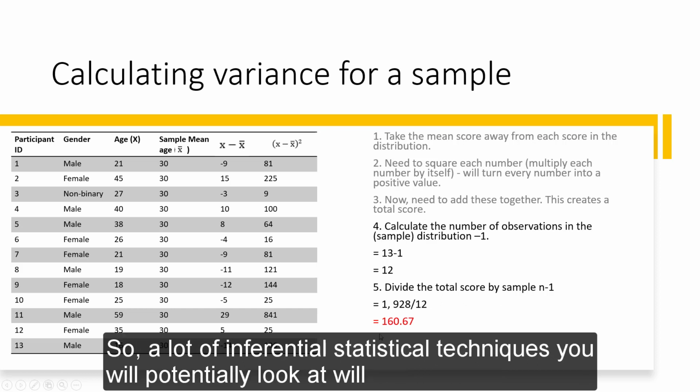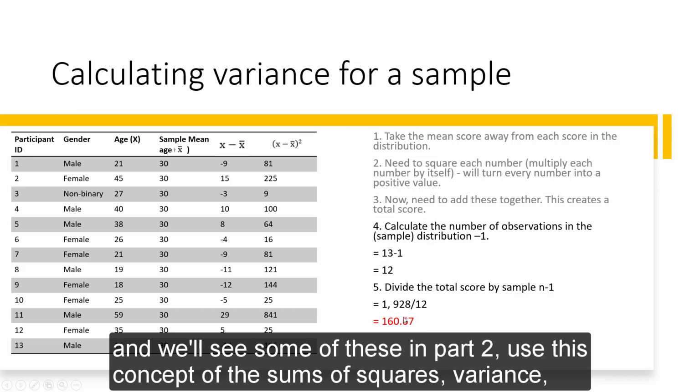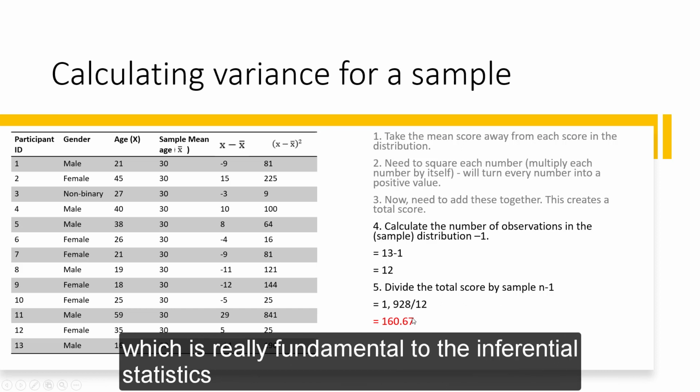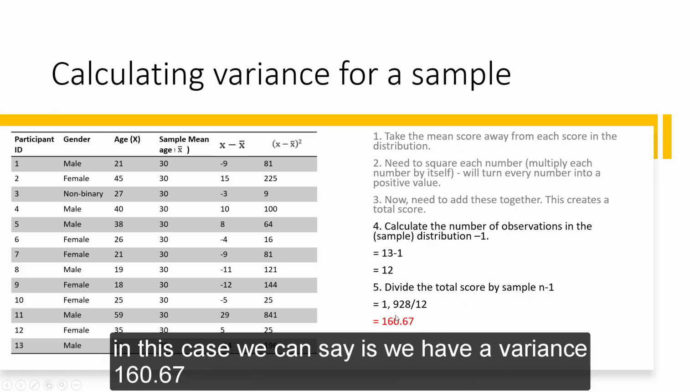A lot of inferential statistical techniques that you'll potentially look at, and we'll introduce some of those in part 2, use this concept of sums of squares and variance to get a sense of differences between groups or within groups, which is really fundamental to inferential statistics. But in this case, all we can say is we have a variance of 160.67.